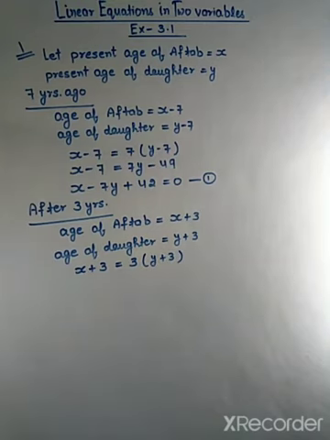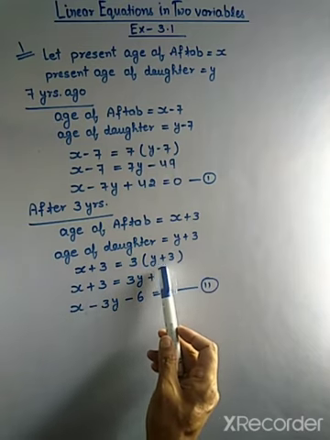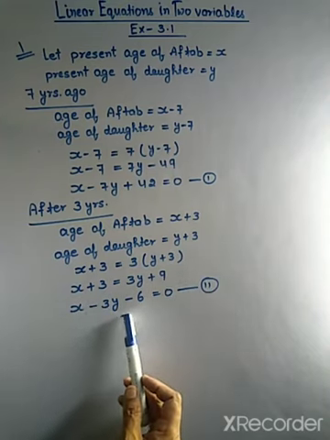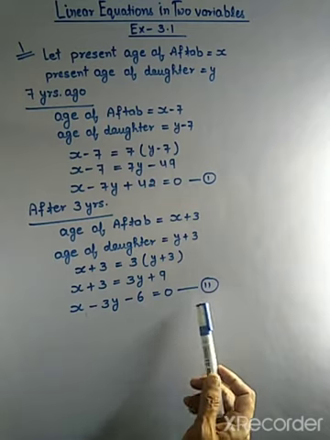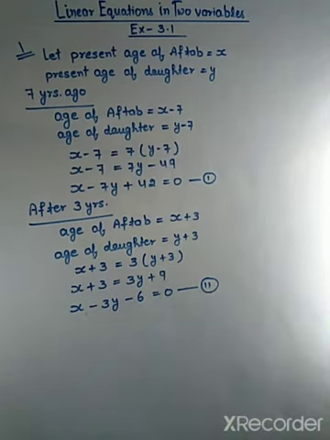Again simplify it. After simplifying, x plus 3 equals 3y plus 9, so x minus 3y minus 6 equals 0. So these two equations represent the given word problem in the form of a pair of linear equations in two variables. We will solve the geometrical representation in the next video.